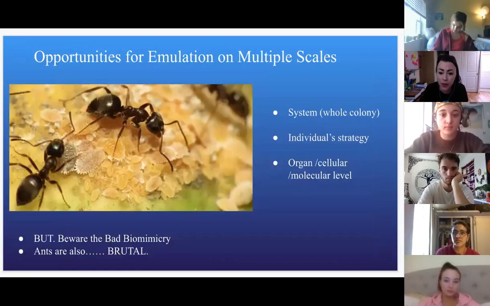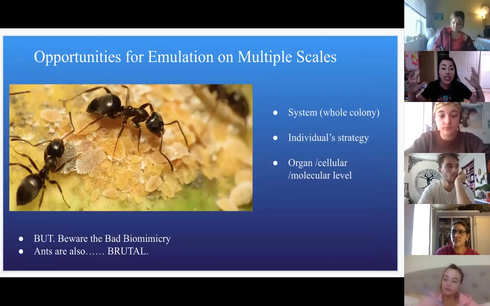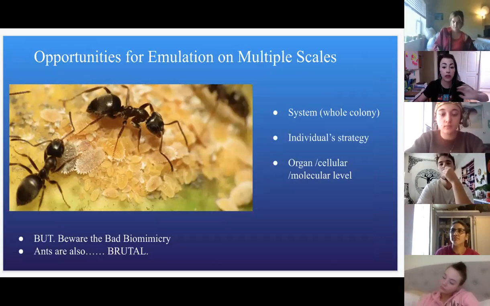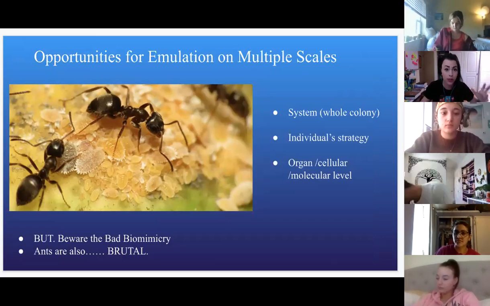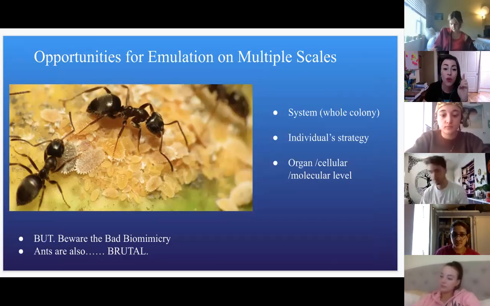What I want you to also think about in terms of your Saturday project is the opportunity for emulation on multiple scales here. We have strategies that they're using as an entire system, as an entire colony. That's one place where you could emulate and steal some of those ideas. You also have individual strategies.